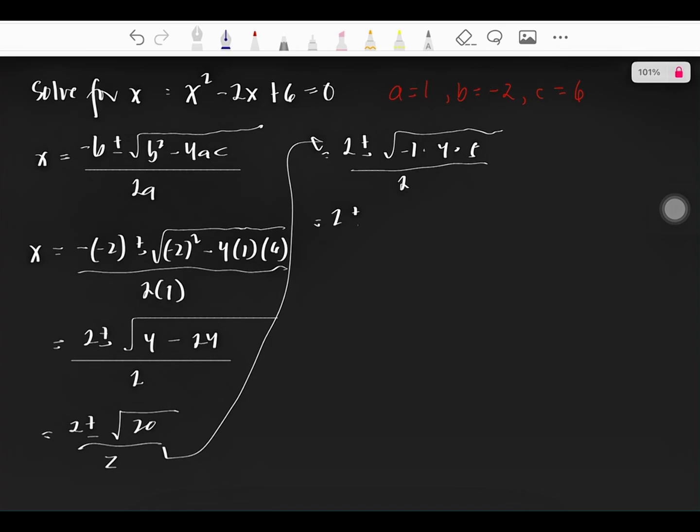And since we have negative 1, we'll be using i instead, and for our 4, we will be getting it out of the square root, which is 2. The square root of 4 is 2, as well as i. So we have 2 plus or minus 2i times the square root of 5.